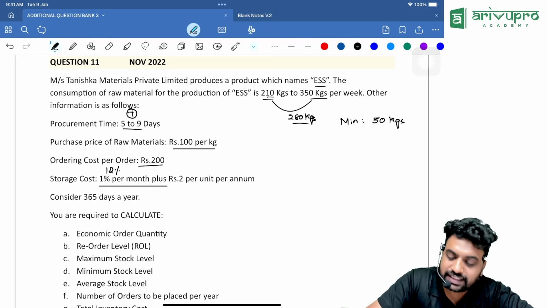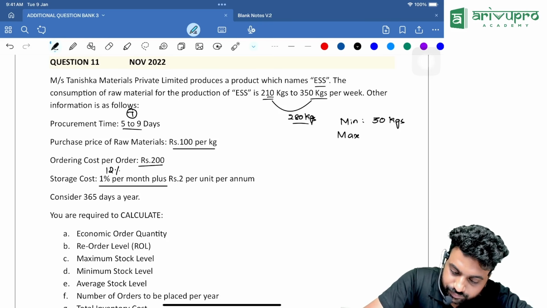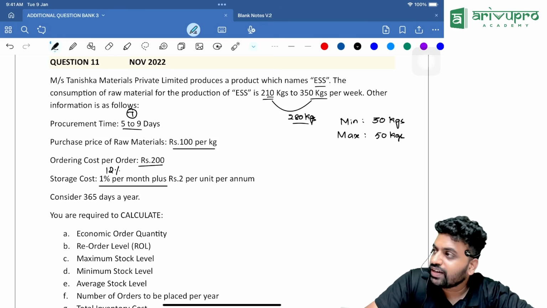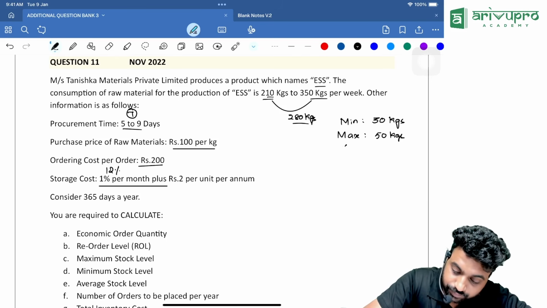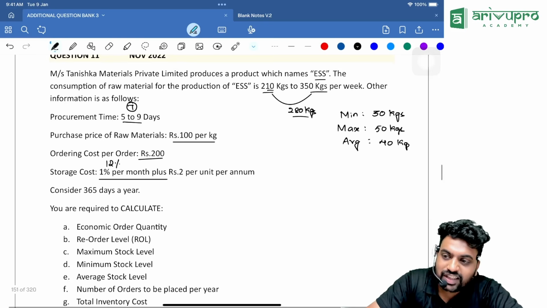Maximum consumption is 350 per week, that is 50 kgs per day. Average consumption is 280 per week, that is 40 kgs per day.